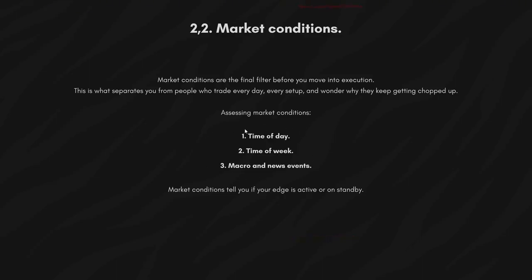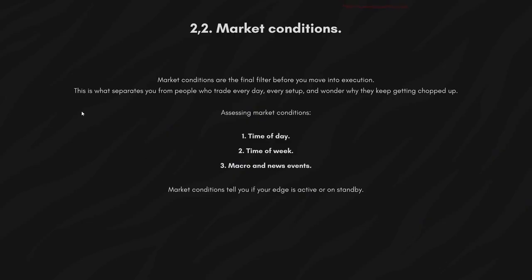When I say market conditions, I'm referring to three key things. First of all, the time of the day. This means checking whether we are trading within a key time or within a kill zone. Are we in a high probability time window for a range expansion? This is basically figuring all of those things out, and this alone can make or break your trade.